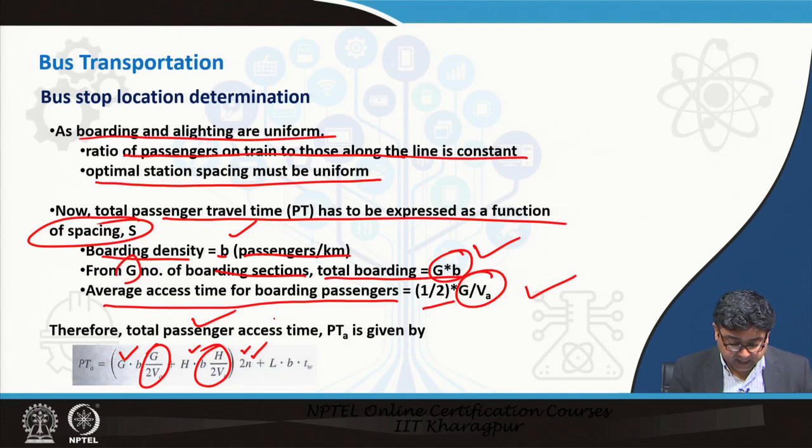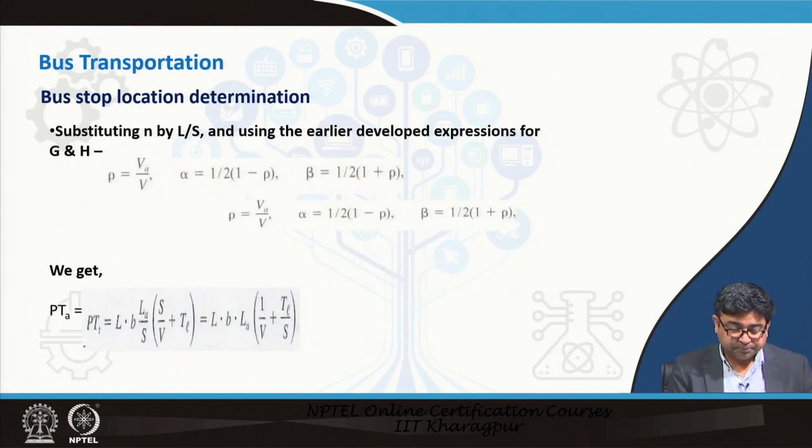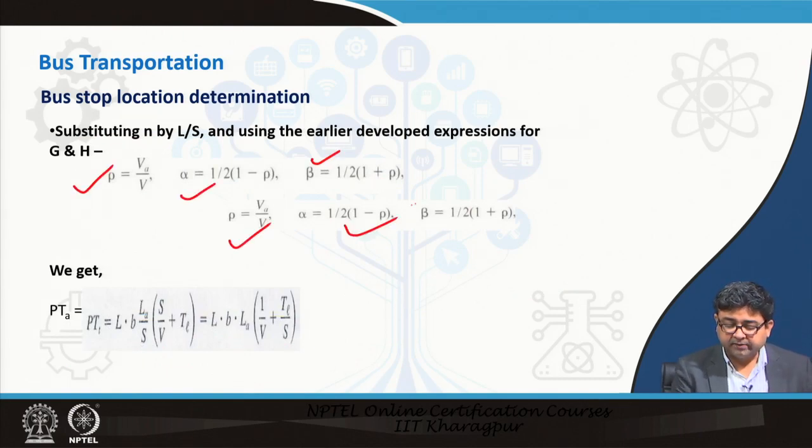So, you multiply that by n, and then there will be the waiting time at each of those, the entire length of the section L. All these people have to wait for a certain amount of time, T w. That time plus the access time comprises PTA. Okay. So, now we know PTA, and again if you substitute those old constants that we had already developed previously into this equation, what you will get here is PTA in terms of spacing again, right.